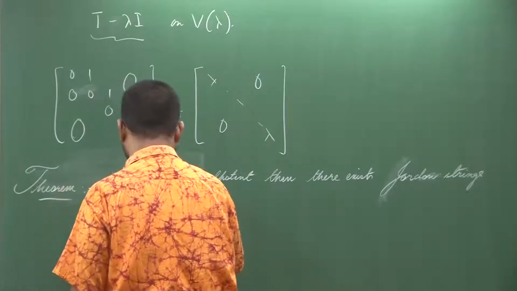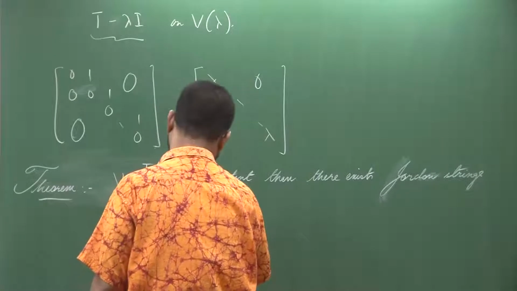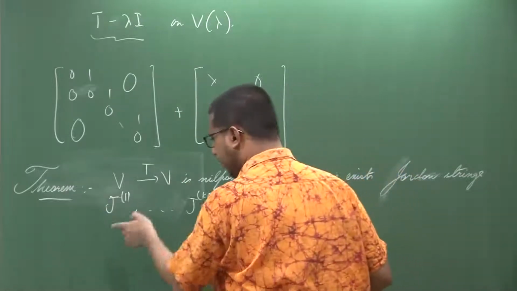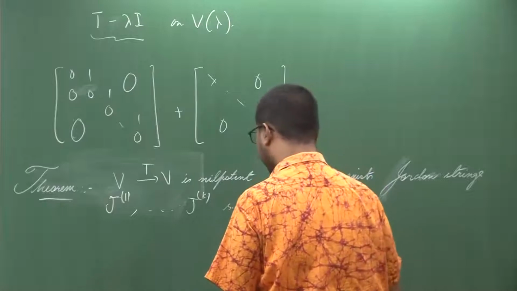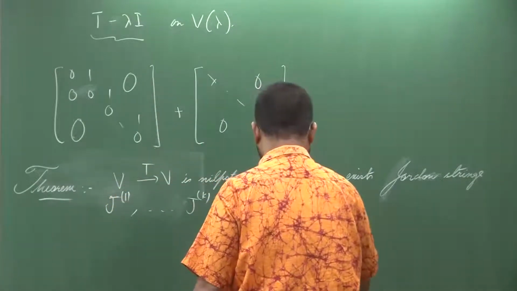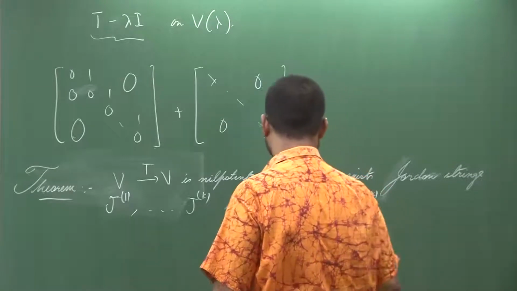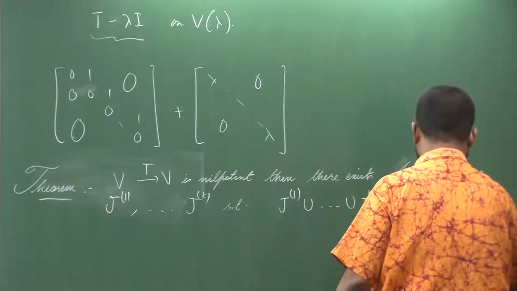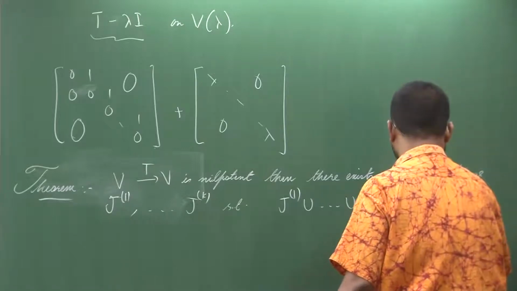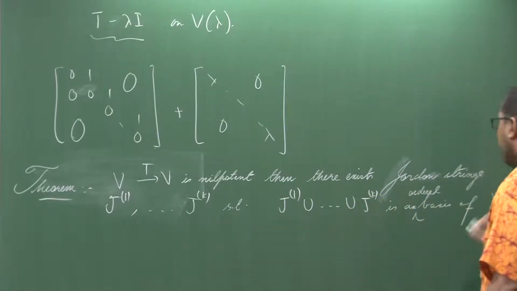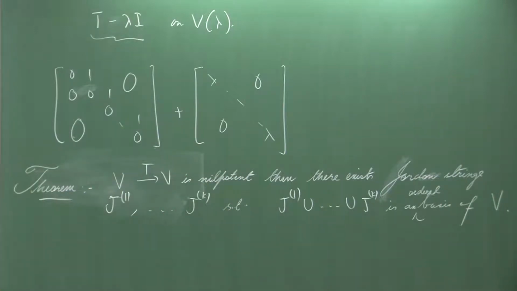So J1, let us say, Jk Jordan strings, such that, so each will have some size, I am not mentioning what the size is, such that this is an ordered basis of V. You can simply say ordered, because the order comes from the way they appear. So this is what we will prove now.